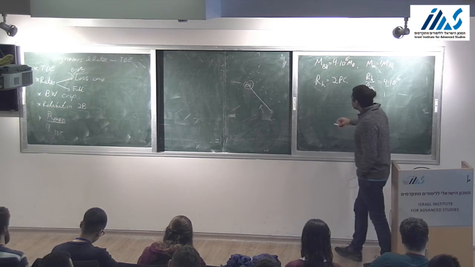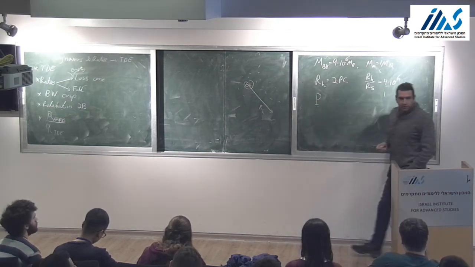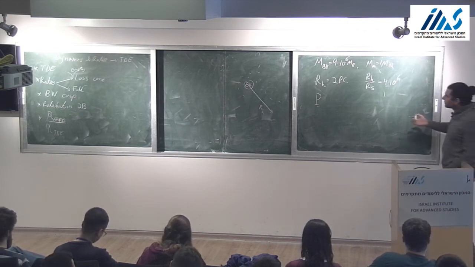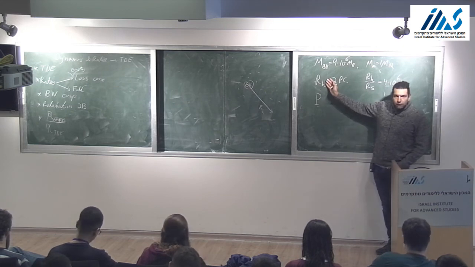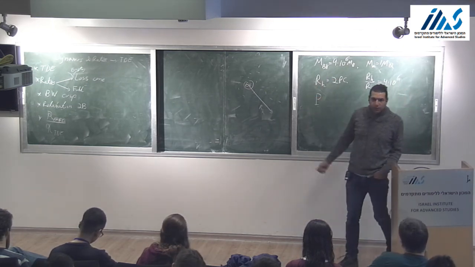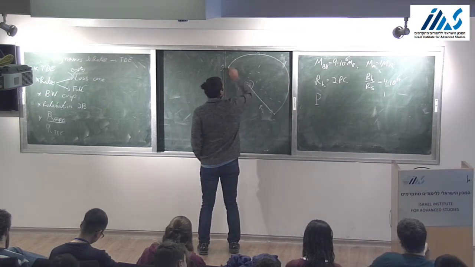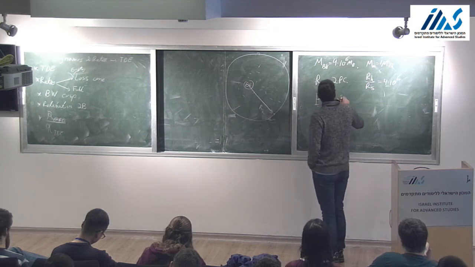Another important number is the period of a circular orbit, or any orbit with a semi-major axis equal to the radius of influence of the black hole, around the black hole. So if you put a star in here, you ask how long does it take to go around. This is 10 to the 5 years.